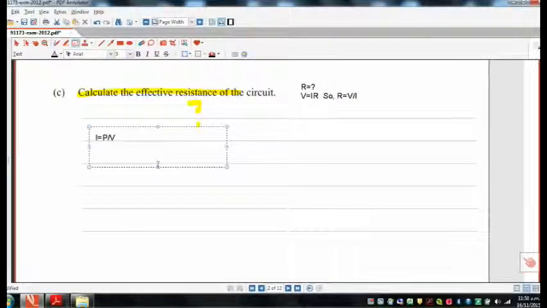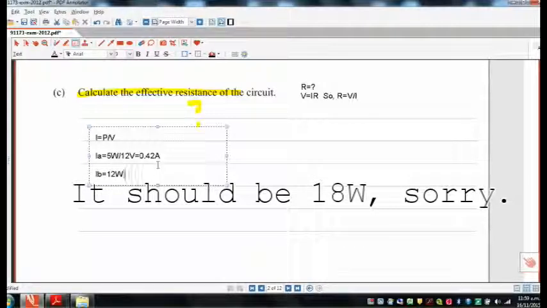So the current at lamp A equals 5 watts divided by 12 volts, which equals 0.42 amps. And the current at lamp B equals 12 watts divided by 12 volts, which equals 1.5 amps.